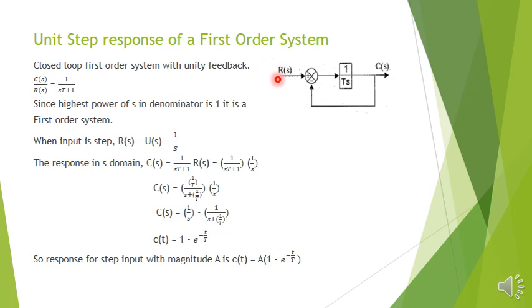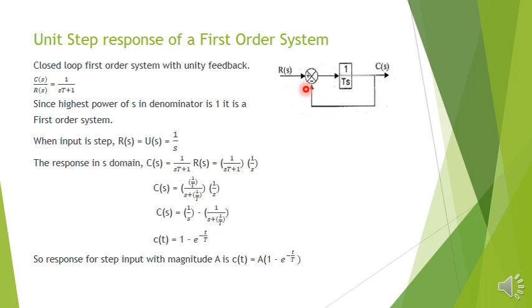Now this diagram is the standard or general form of the first order system. It is a closed loop system with forward path transfer function 1 by T of S and unit feedback.